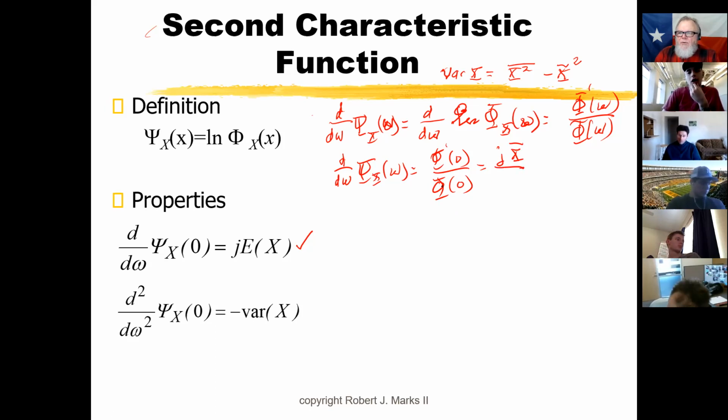And what is the characteristic function at the origin? We said it was always equal to 1, remember? So this turns out to be j times the expected value of x. So the derivative of the second characteristic function at the origin is equal to j times the expected value of x. Isn't that cool? So it's very similar to the first characteristic function. Where the magic happens is in the second derivative.